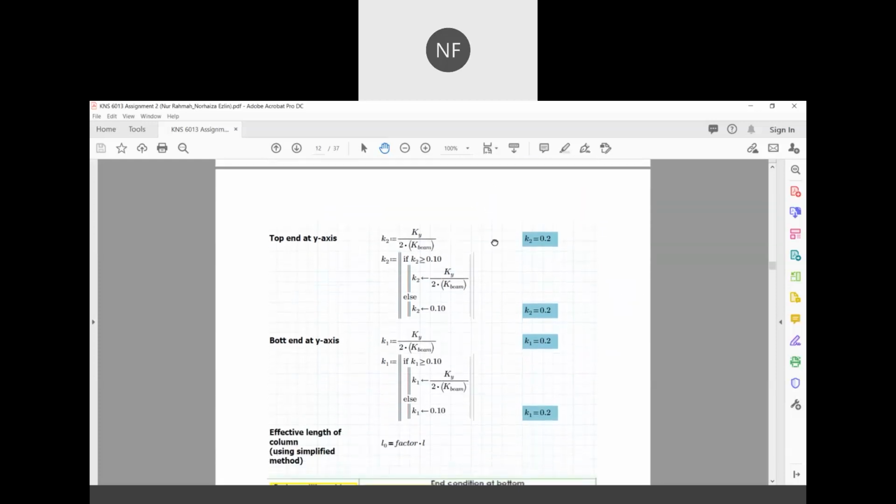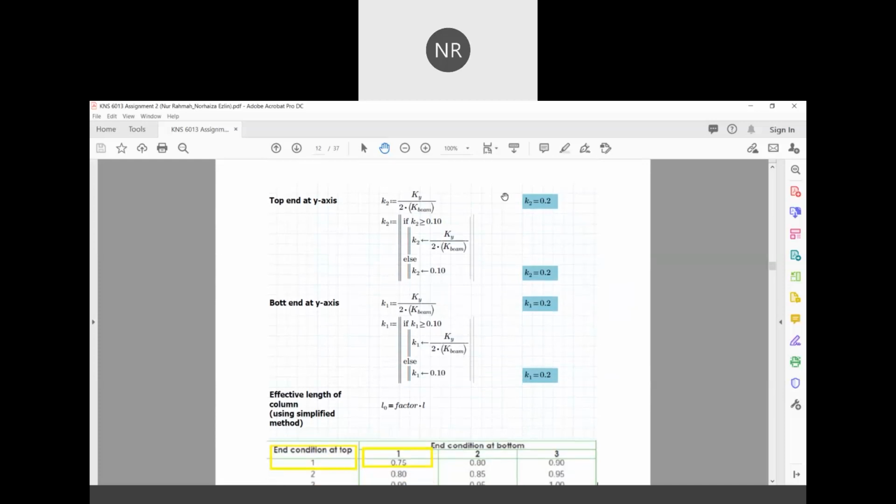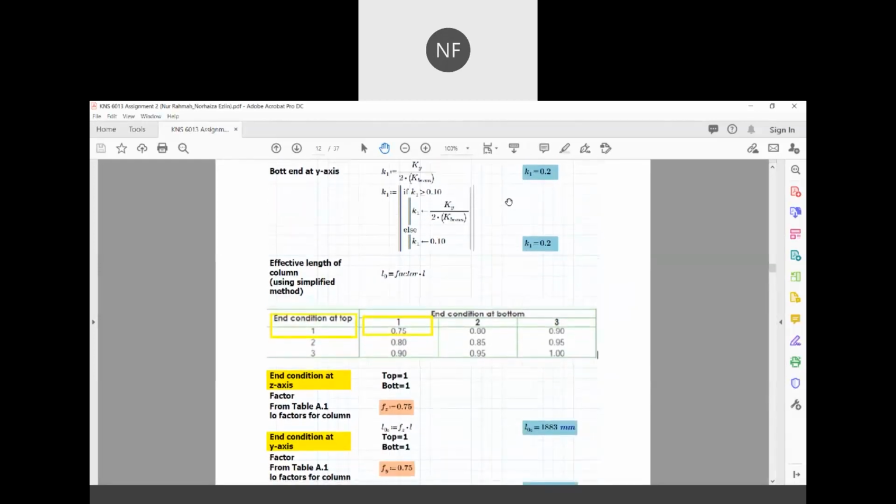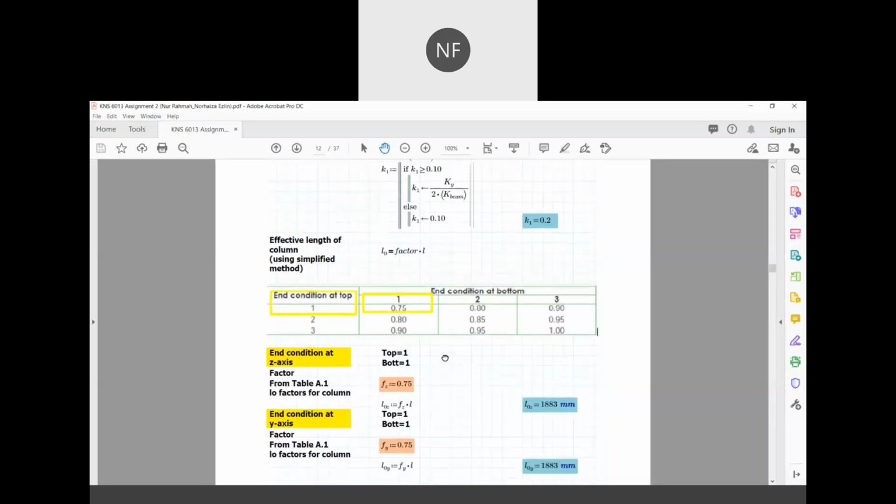And so here's the effective length of column by using the simplified method. That is equal to the factor that we can obtain from the table multiplied with the length.